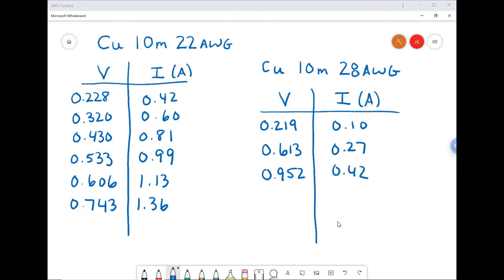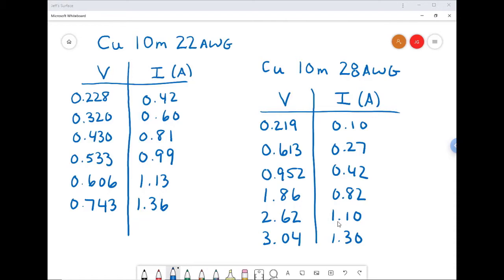At 1.86 volts, the current was 0.82. At 2.62 volts, the current was 1.10 amps, and at 3.04 volts, the current was 1.30 amps.